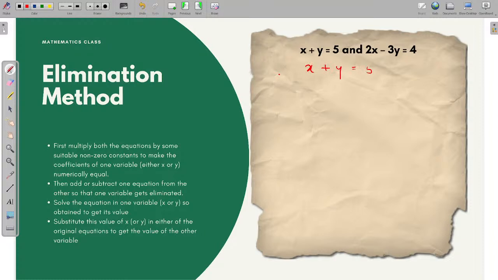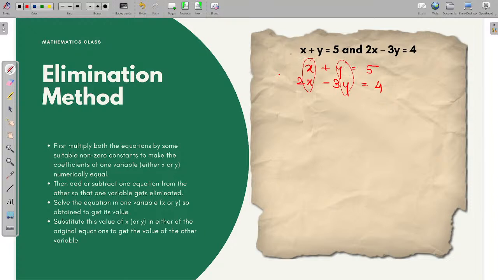x plus y is equal to 5, then 2x minus 3y is equal to 4, right? Now we know we have to eliminate one variable, but how do we eliminate it? See, first of all, try to match the coefficient of any variable of your choice.